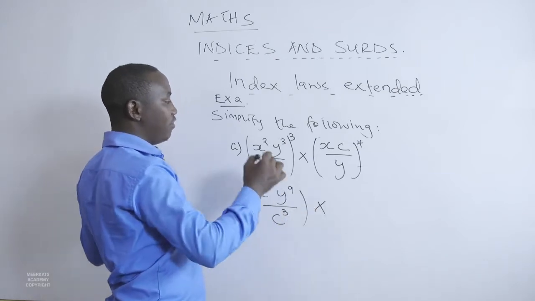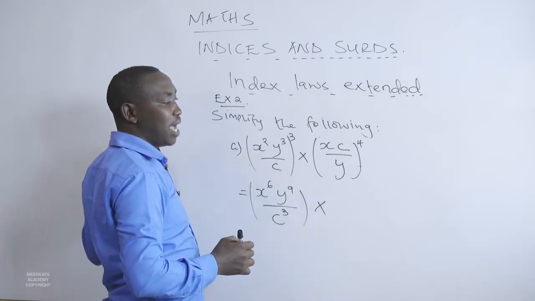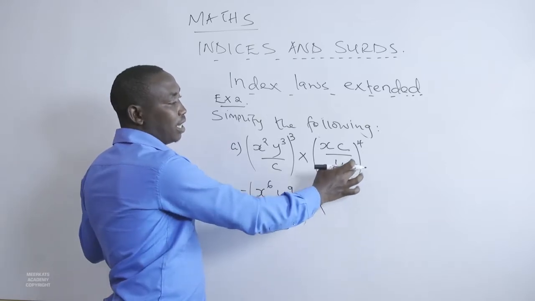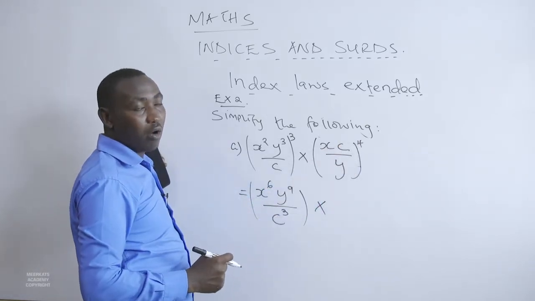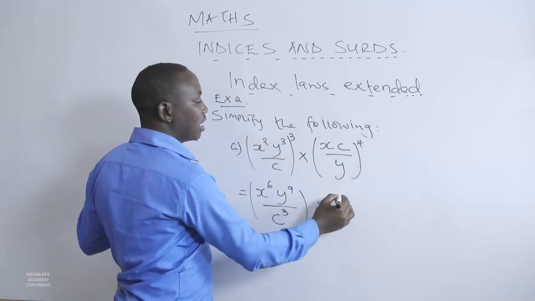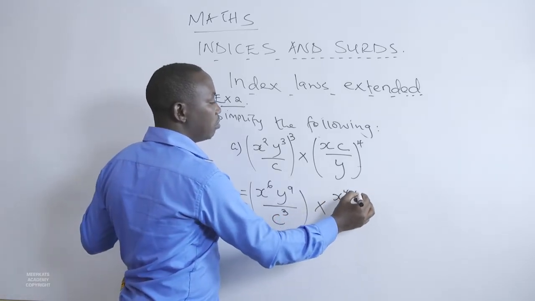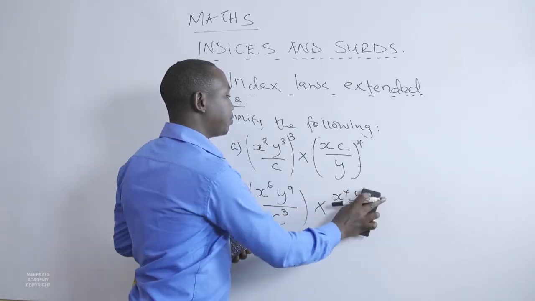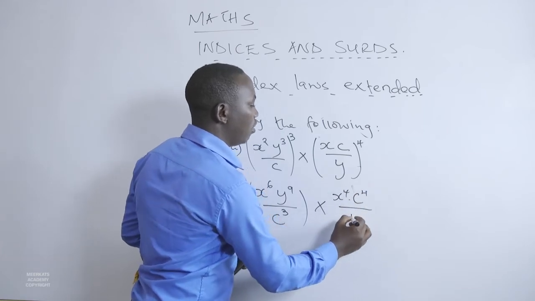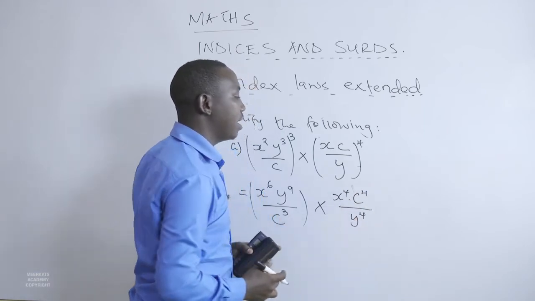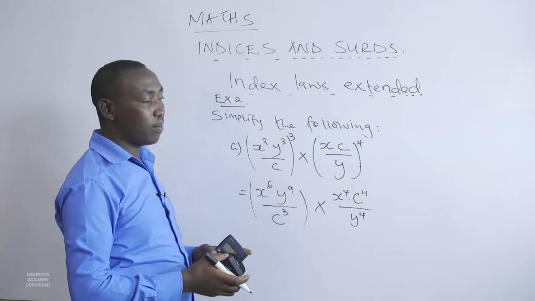Then the whole of it is multiplied by, in this other bracket, all of them raised to the power of 4. So this will be x raised to 4 multiplied by c raised to 4, all over y, again raised to the power of 4.